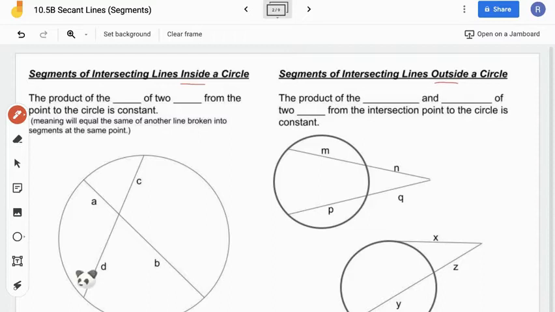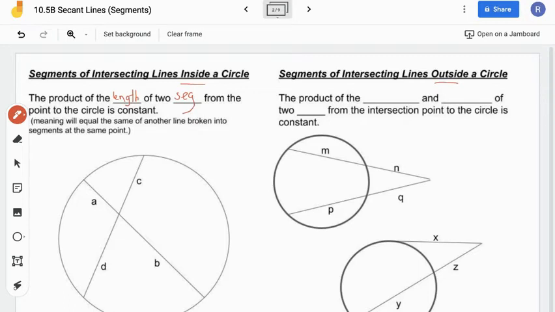examples with them. Okay, so make sure that you're filling in these notes, getting down the equation so that you're ready for the examples later. Okay, the first one, if they are intersecting inside of a circle, we have to remember that the product of the length is how long it is, what its measurement is, of two segments from the point to the circle is consistent.